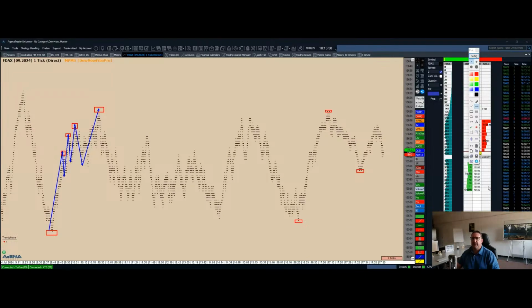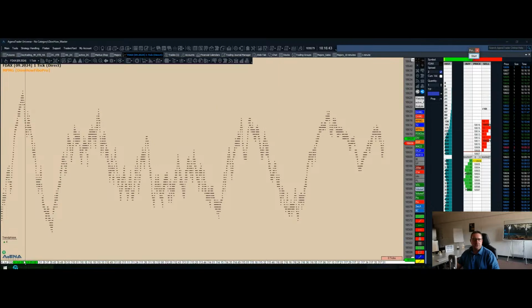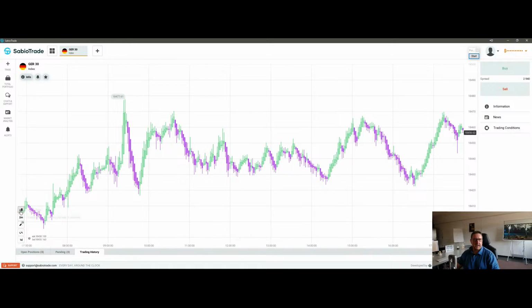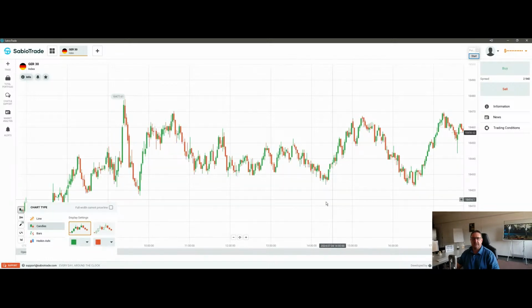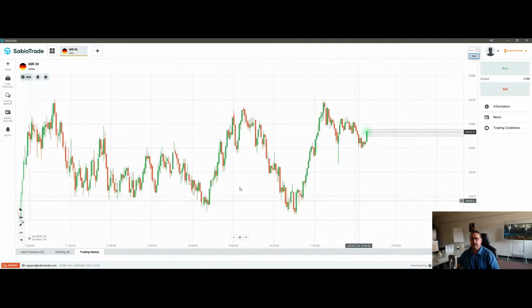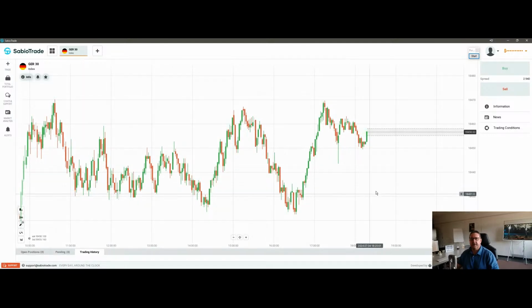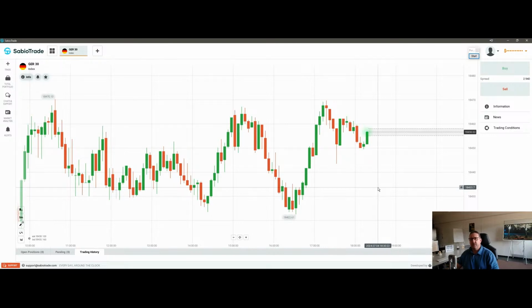And then the software, for example, if we use here our SabioTrade software, here we can change to normal candles. Then you can see, okay, this is now, let's take whatever, a 5-minute chart. In that period, let me mark it for you, we had more buyers than sellers because the candle is green.